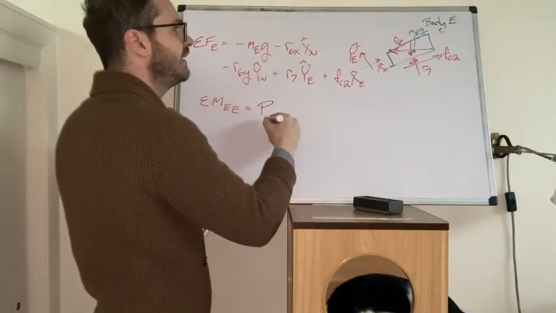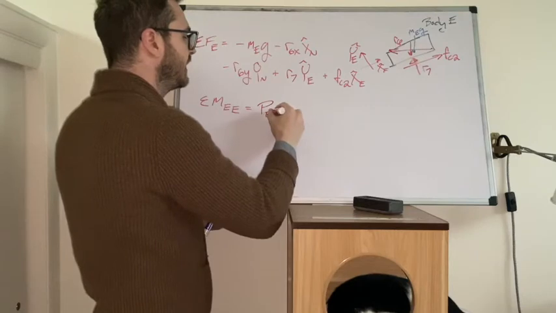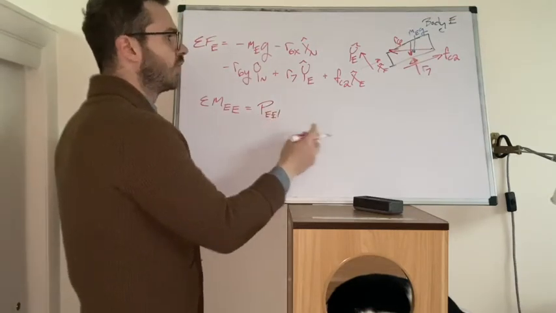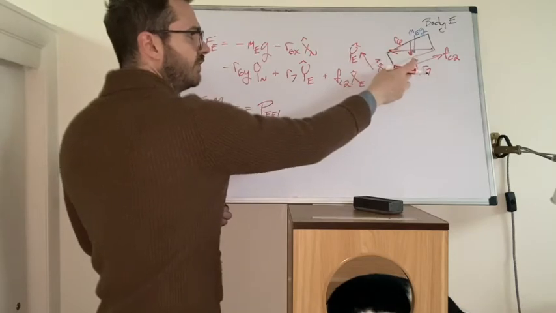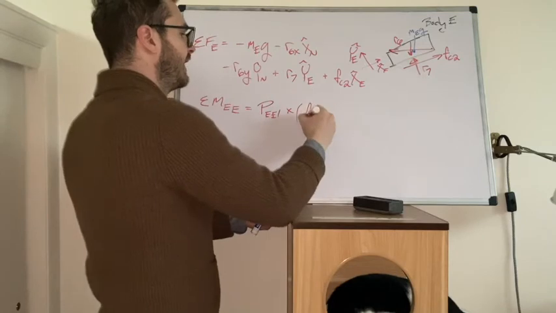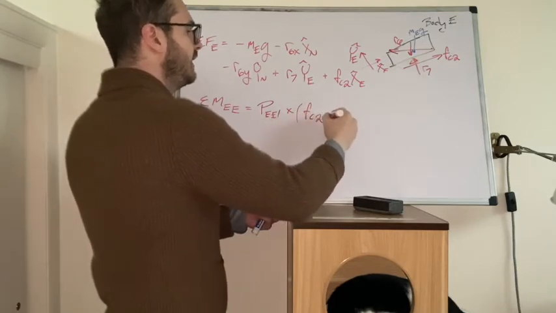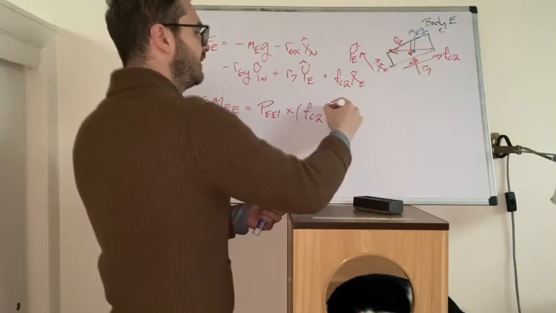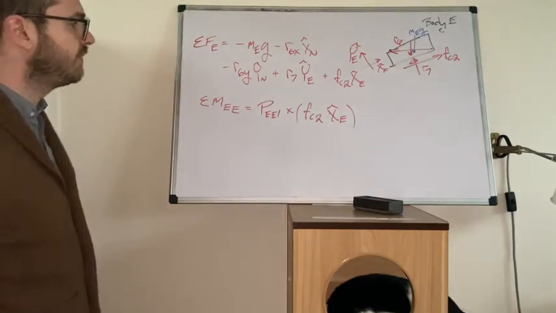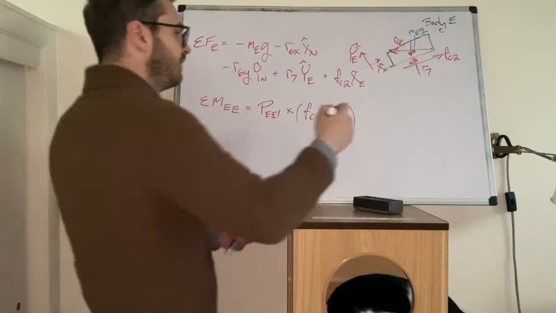So let's say P, we're going from E, I'm going to call that reaction point E prime, where the friction force is applied, cross FC2 in the XE direction. Okay, what's this going to be?